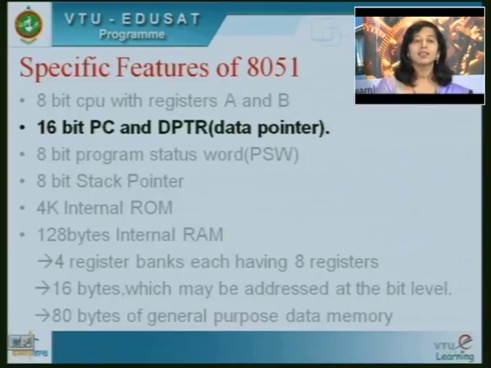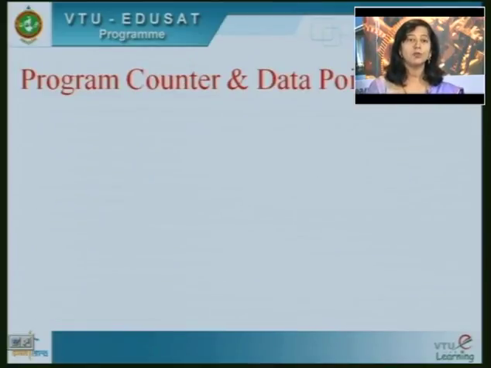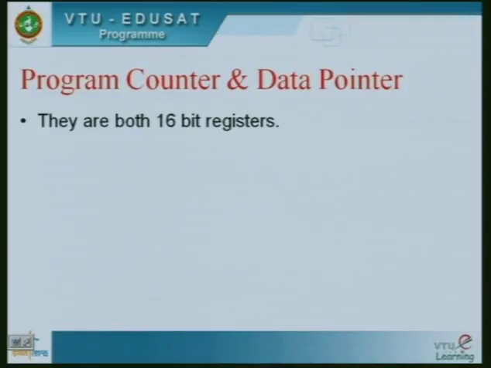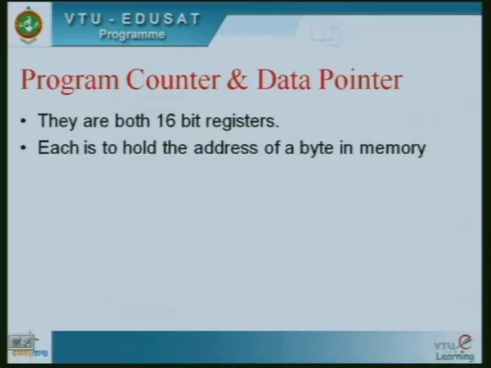Next, coming to the 16-bit program counter and the data pointer. What is this program counter? Program counter and data pointers are both 16-bit registers. Each can hold the address of 1 byte of data in memory.